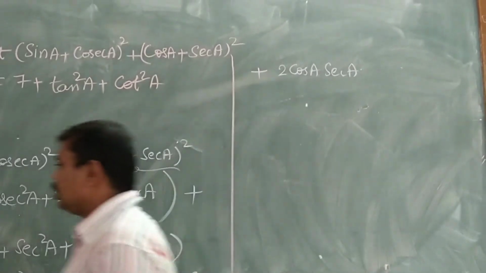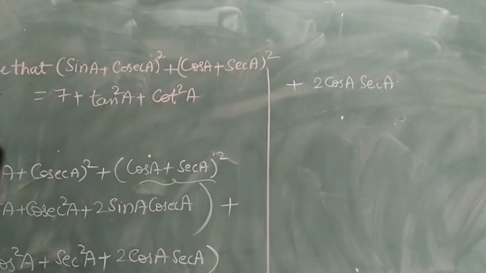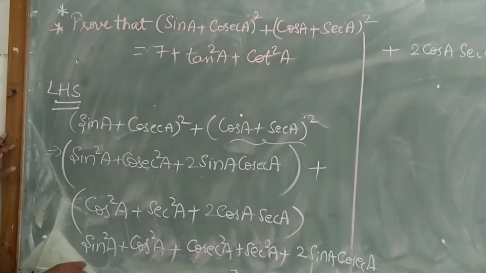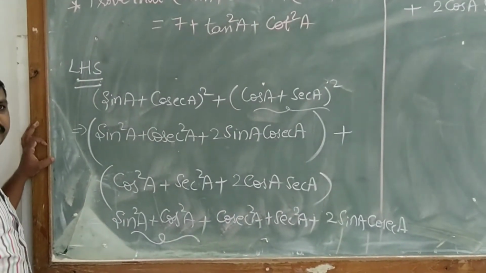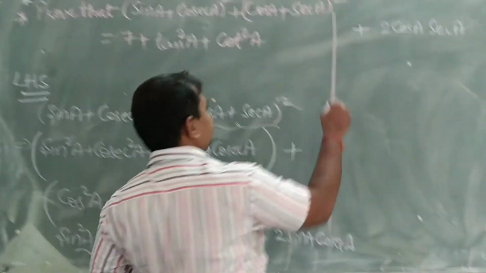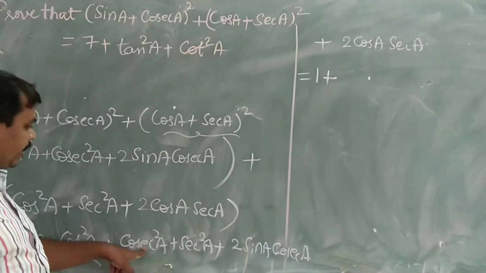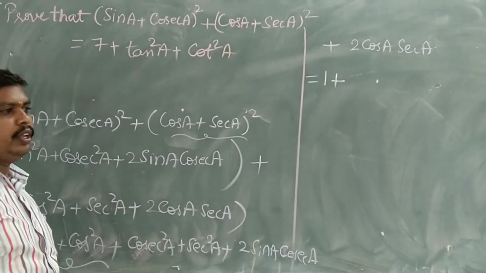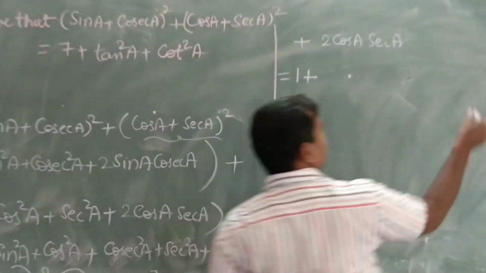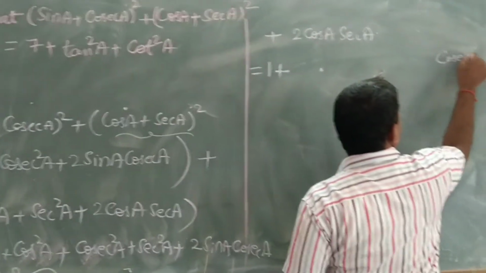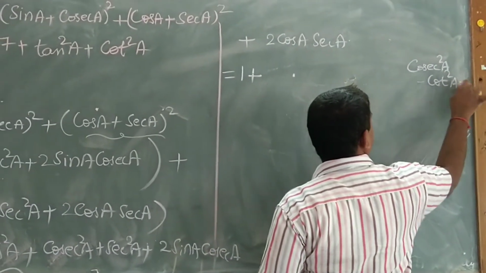Okay, students. So, in the next step, what are we going to get? Just take care. Sin square A plus cos square A is what? According to our identities which we have learned, that is equal to 1, plus cosecant square A. Now, this cosecant square A, we have again from identities that cosecant square A minus cot square A is equal to 1.